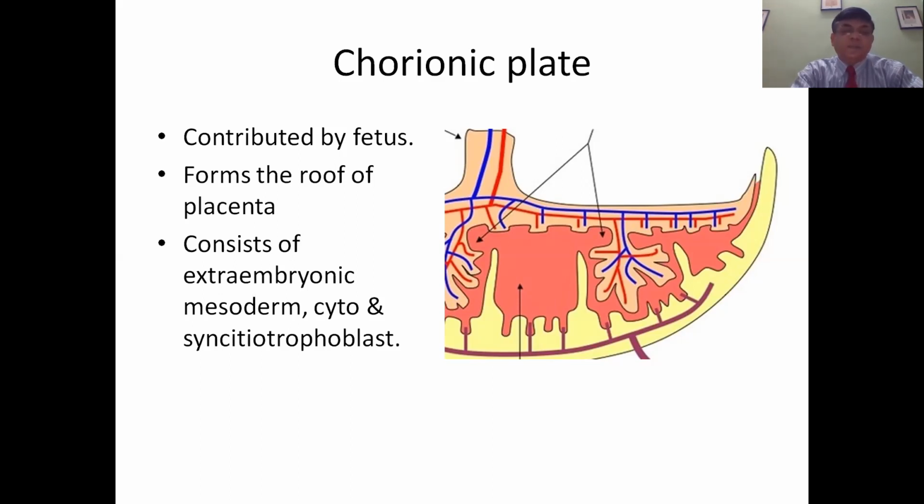Point number three, it consists of extraembryonic mesoderm, cyto and syncytial trophoblast. So this brown colored is the chorionic plate. Just to tell you, this yellow colored is the basal plate. So you can appreciate that it is at the periphery that they come close to each other.